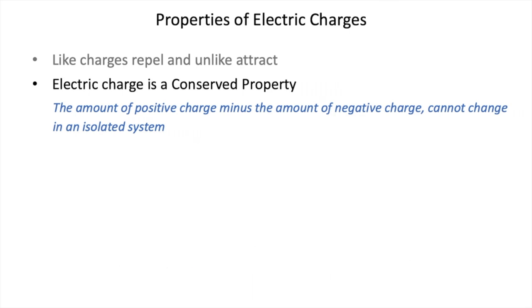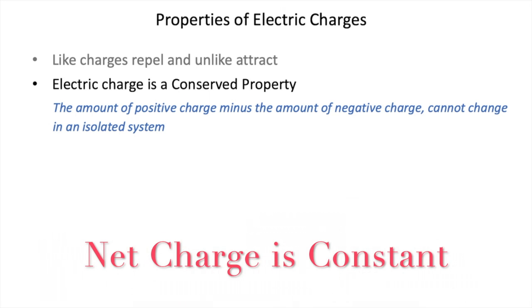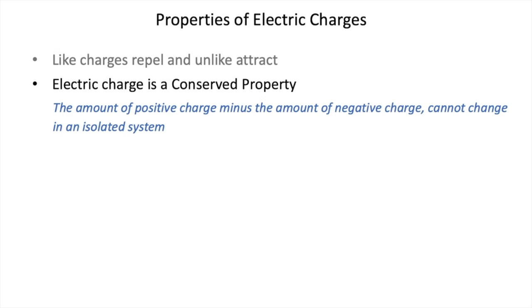All right, so the next property of the electric charge is that it is a conserved property. What that means is, if you had an isolated system, let's say within a small room or within a small apparatus or a metal piece, the amount of positive charge minus the negative charge, which is the net charge, cannot change. Now, this does not mean that electric charges and particles cannot be created or destroyed.